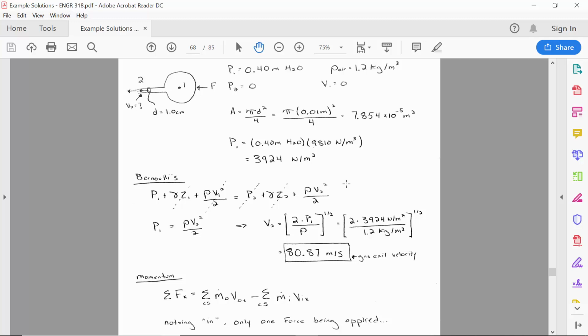And then we are going to multiply it by 80.87 meters per second. All right, so can you do those calculations and tell me how many kilograms per second is flowing through that nozzle?